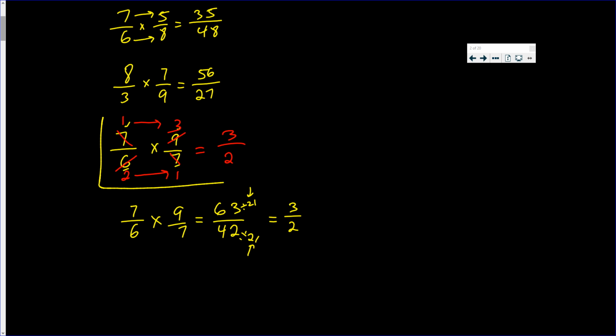This way is simpler. Here, I had to know what 7 times 9 is and what 6 times 7 is. They're not the biggest numbers, but they're certainly bigger than 1 times 3 and 2 times 1. Cancel out before you do the problem.